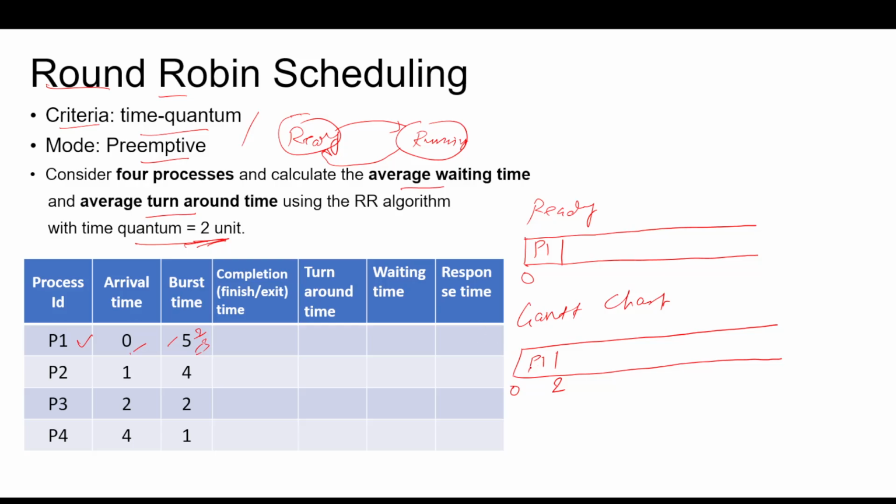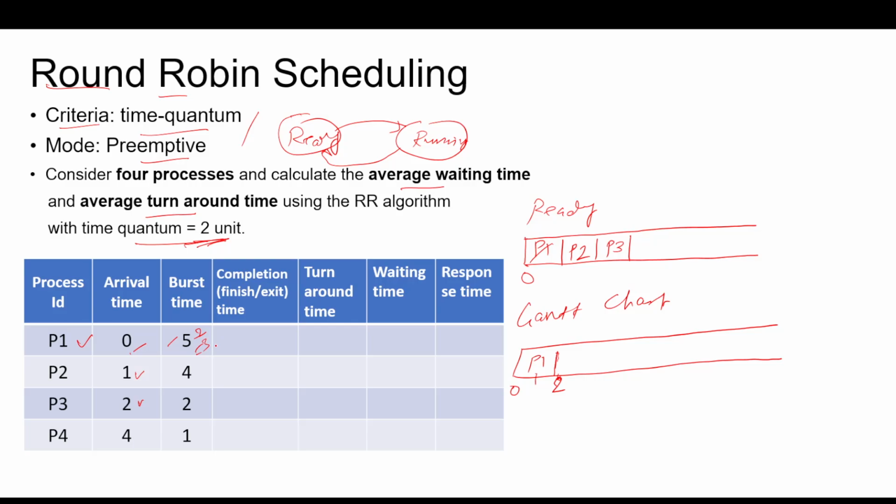Now, when we execute P1, at that time we have to again check whether any new process has arrived in the ready queue. Yes, the P2 process arrived at the first unit. The P3 process arrived at the end of this, that means when P1 had completed 2 units, at that time P3 had also arrived. You can see in the ready queue, P2 is there and P3 is also there. But what about P1?